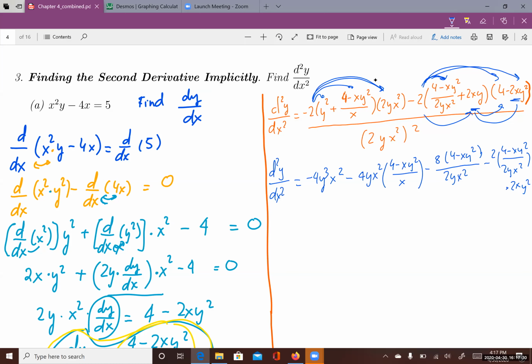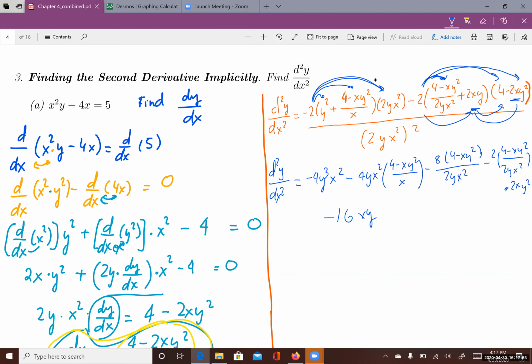Okay. So this here, and then the next term will be -2 times 2xy times 4, that is -16 times xy. And I have negative and negative, which is positive.